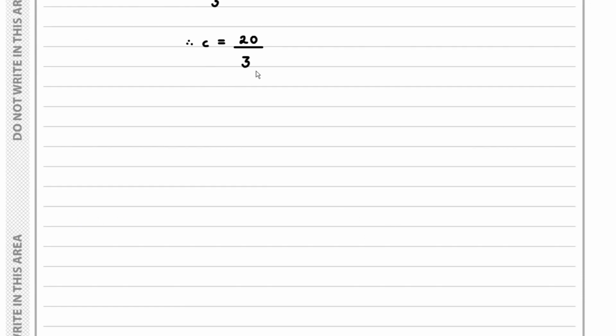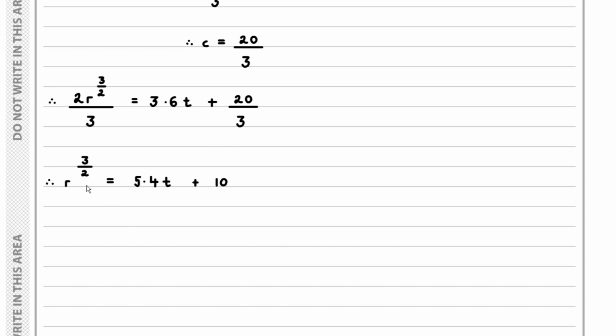Knowing that c equals 20 over 3, we can therefore conclude 2r to the 3 over 2 over 3 equals 3.6t plus 20 over 3. And if I multiply both sides by 3 and then divide by 2, we end up with r to the 3 over 2 equals 5.4t plus 10.